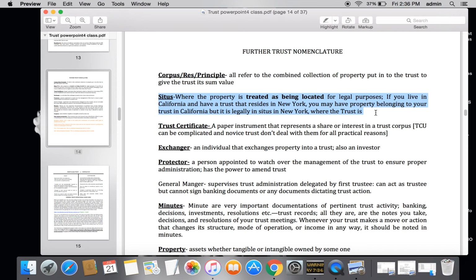Okay, so the situs is basically where the trust is being administrated from, the laws that the trust is under in terms of its administration and operation. That is the situs where the trust is, regardless to where it may be administrated or some of its property is.